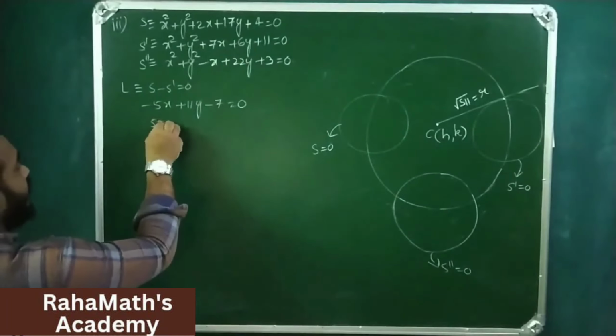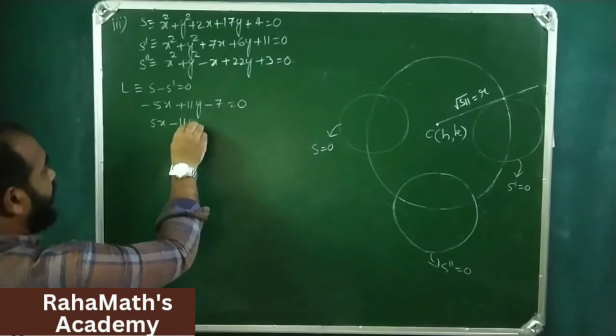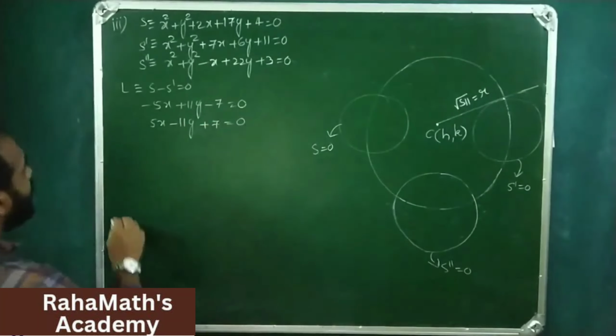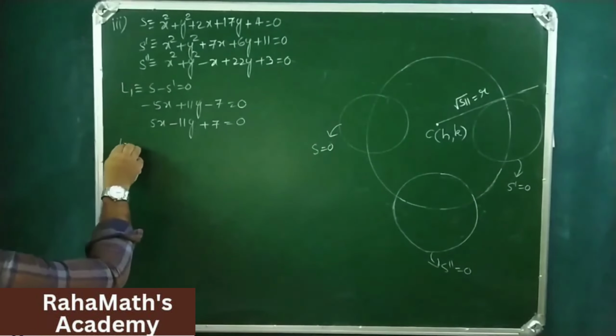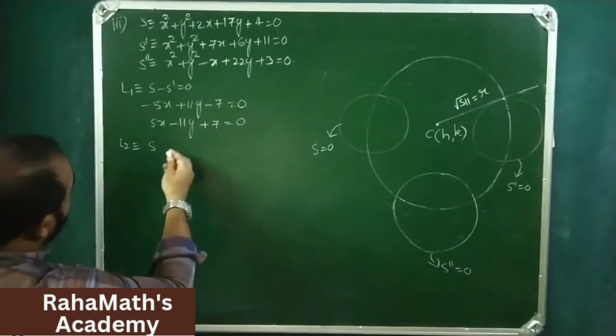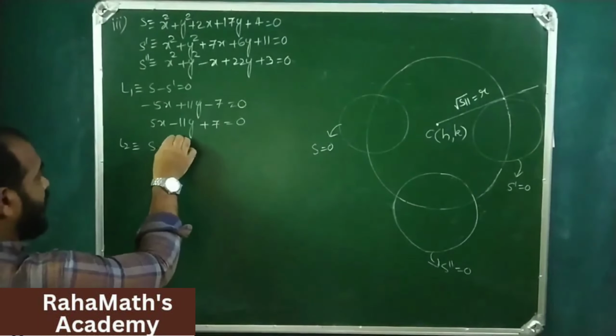So therefore this is 5x minus 11y plus 7 equals 0. This is L1. L2 is S minus S double dash equals 0.